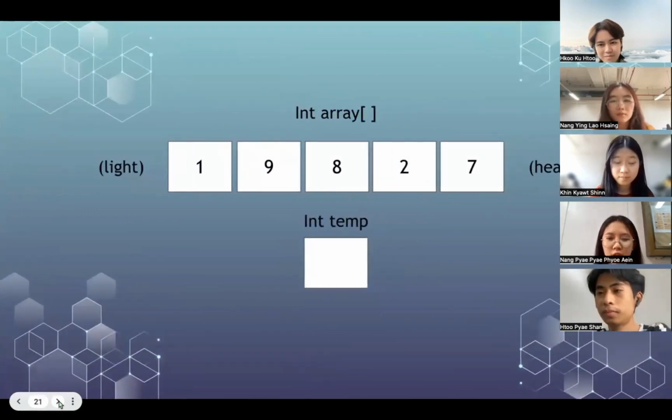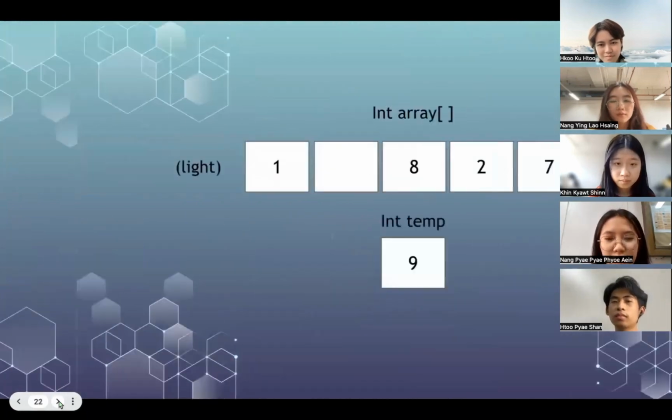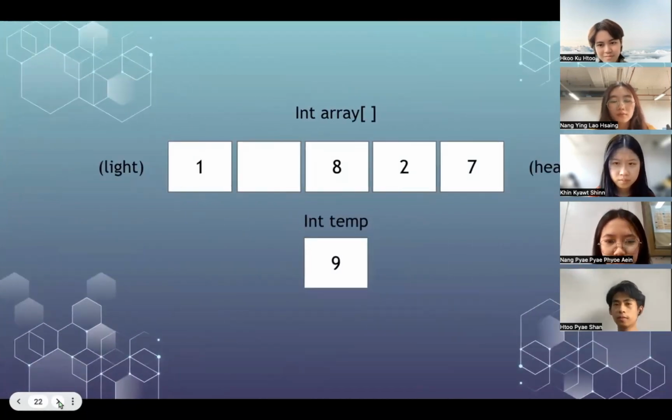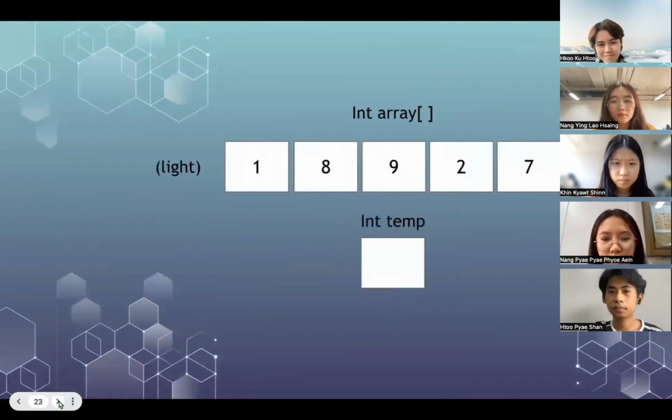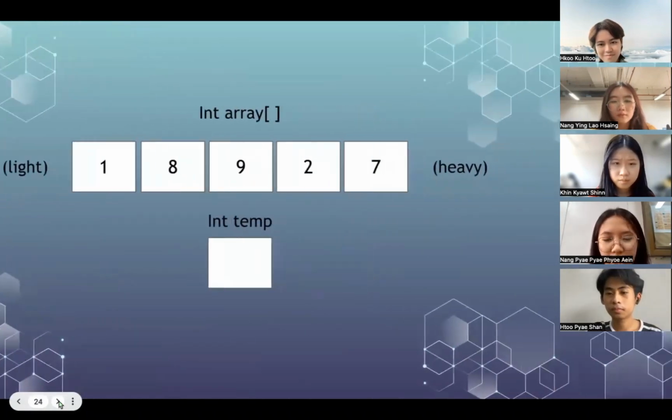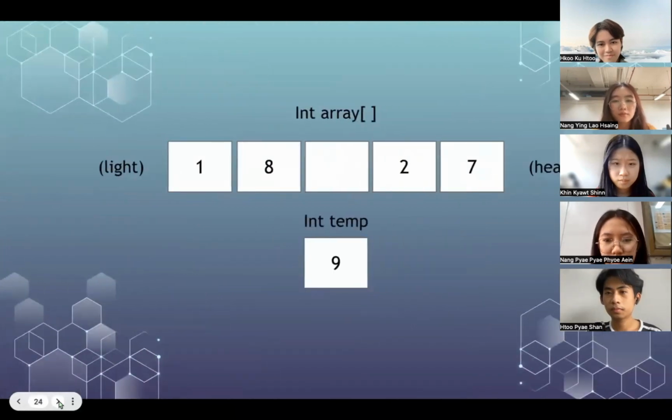And for the next pair of elements, 9 and 8, we will do the same thing. Also for 9 and 2, and 9 and 7.